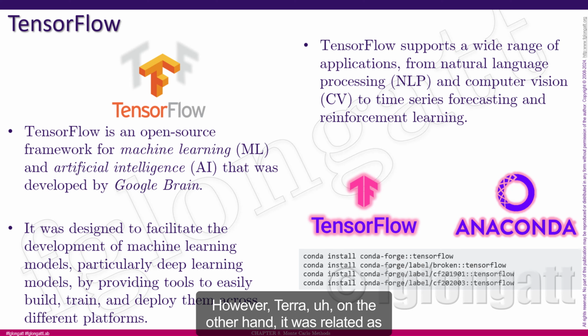Keras, on the other hand, was created as an open source neural network library written for Python that creates a high-level API to easily and quickly develop deep learning models.